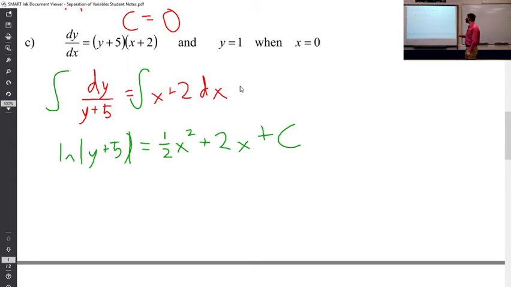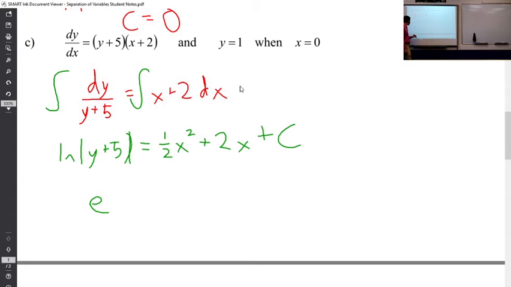This time I'm going to solve for y first. And this is where it's going to get complicated, and this is where you need some natural log and exponents trickery here. So here we go. I can rewrite this. Remember, the answer to the natural log is the exponent. So that means this answer over here, the 1/2 x squared plus 2x plus c, is going to end up in the exponent.